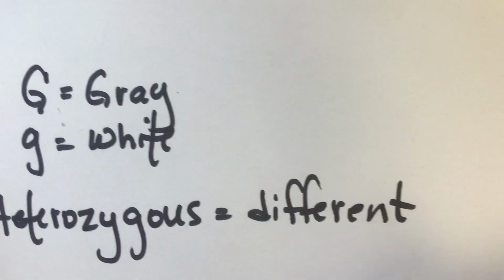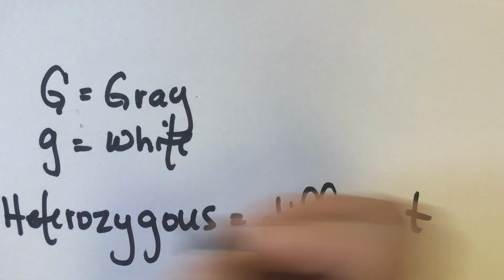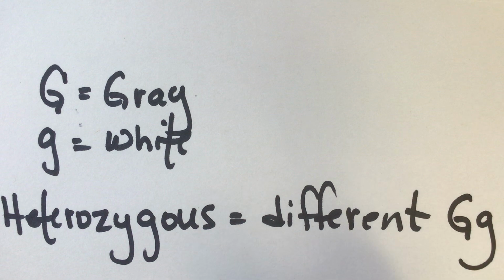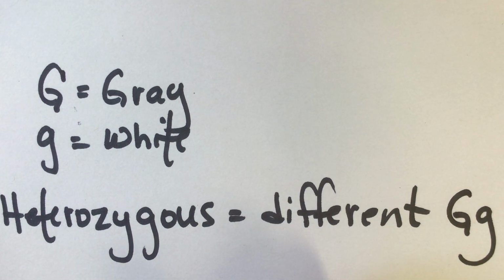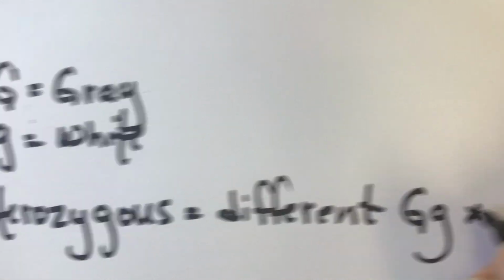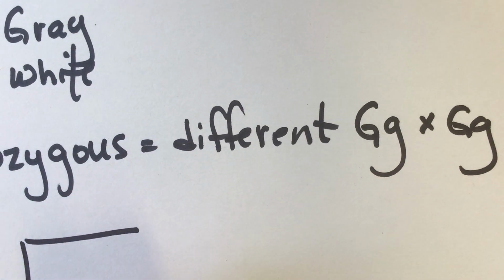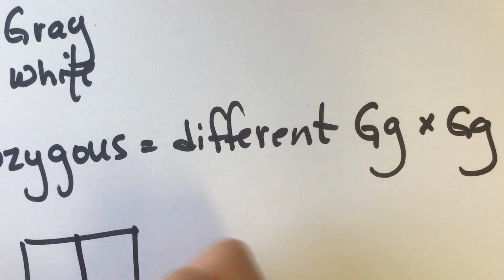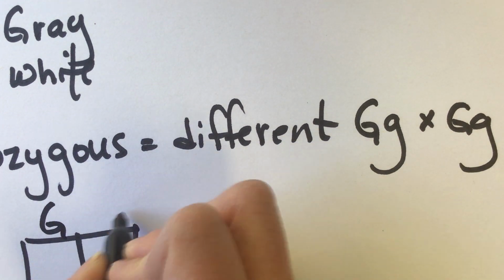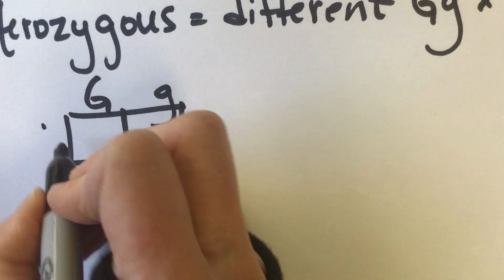So I need 2 different letters, so one capital and one lowercase, so that means that they're going to inherit capital G, small g. Now it asks me what percentage of their offspring, so it's mating a capital G, small g with a capital G, small g. So I'm going to make a Punnett square, and I'm going to cross 2 heterozygous parents.